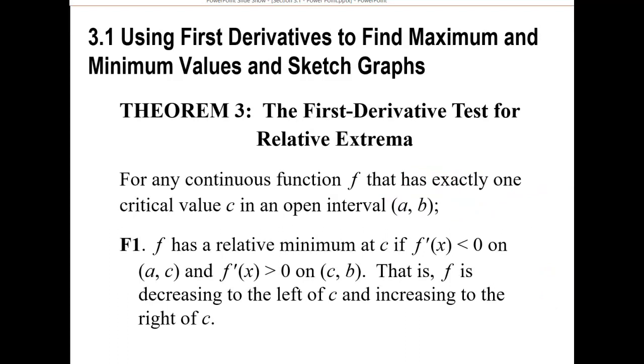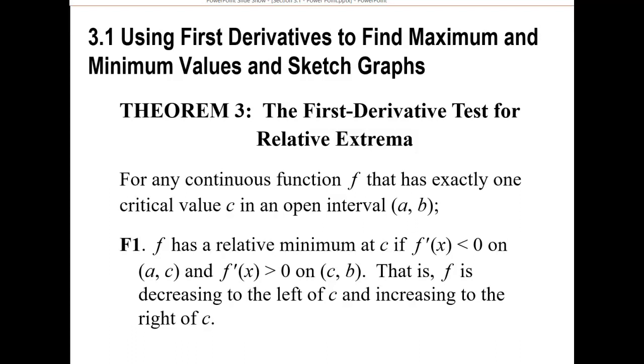All right, so theorem 3 is called the first derivative test for relative extrema. For any continuous function f that has exactly one critical value, c, in an open interval, part 1 says f has a relative minimum at c if f'(x) is less than 0 on the interval from a to c, so from the beginning of the interval up to c.